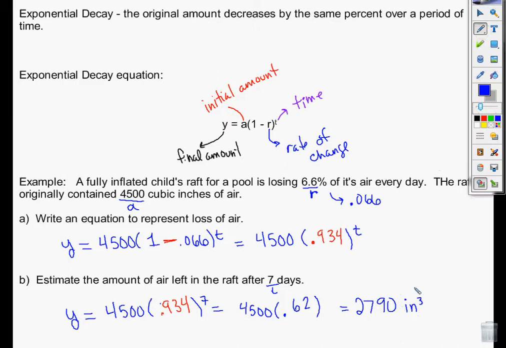Okay. So it would pretty much be halfway deflated at the end of 7 days. Does that make sense? Alrighty.